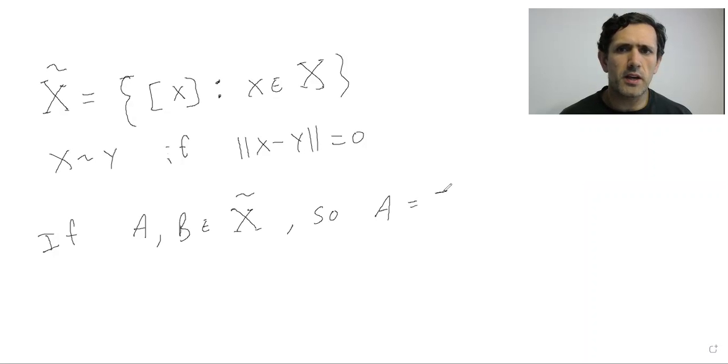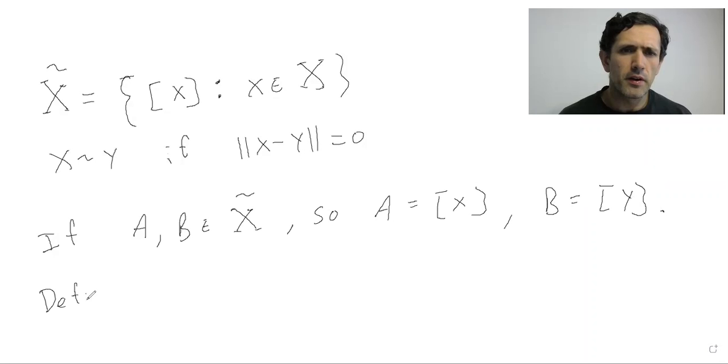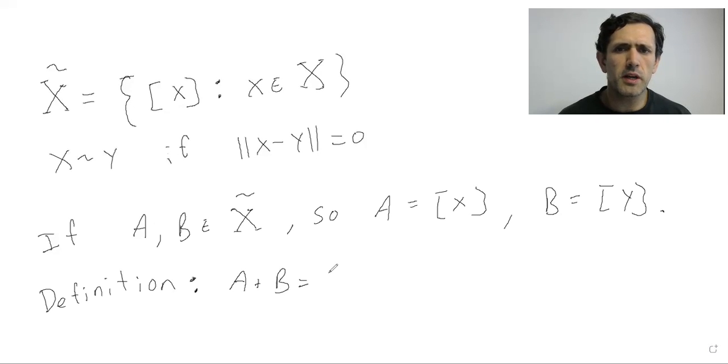So let's say A is the class generated by x and B is the class generated by y. I'm stating a definition. We're defining A plus B to be the class generated by x plus y. Big X is certainly a vector space, so this is certainly in X tilde.